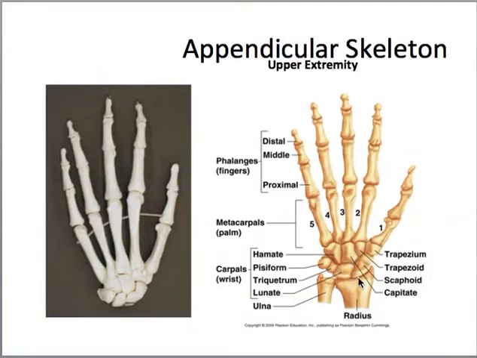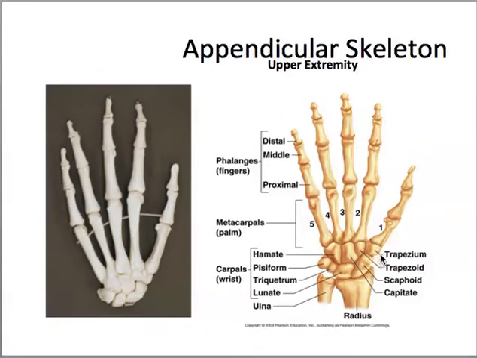The articulation of the radius and the ulna with the carpals is an example of a diarthrotic joint. The carpals themselves can slide across each other, so there's a gliding movement here, and that's another example of a diarthrotic joint as well. You can see here the different carpal bones.